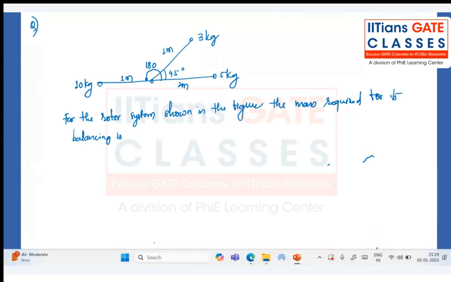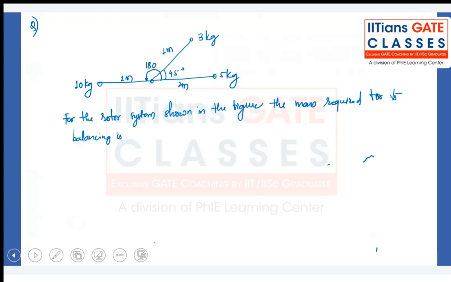So 3 things you have to calculate here: mass, radius, and theta. Very important question. So you know how to solve this, right?